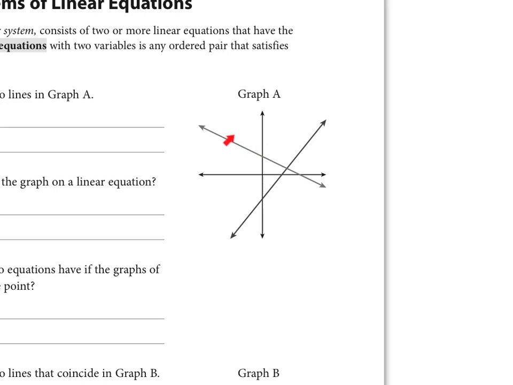This line has a bunch of points, and this line has a bunch of points. Which point is on both lines? Another way to describe it is the intersection point. This point right here is on the first line and on the second line. In fact, it's the only point that's going to be on both lines. As we go through this lesson, we are looking for that one point that is on both lines.